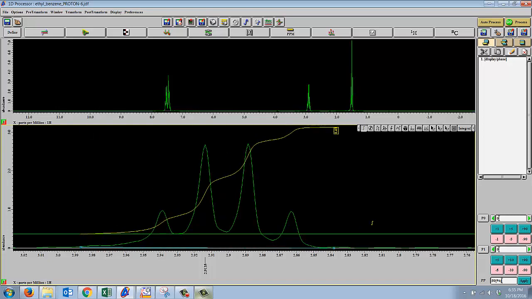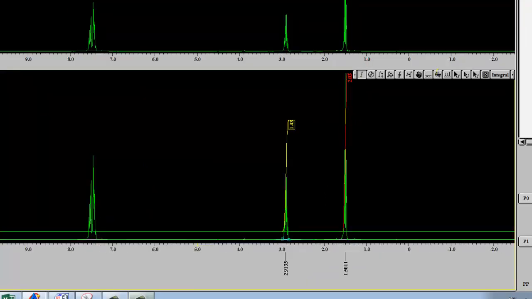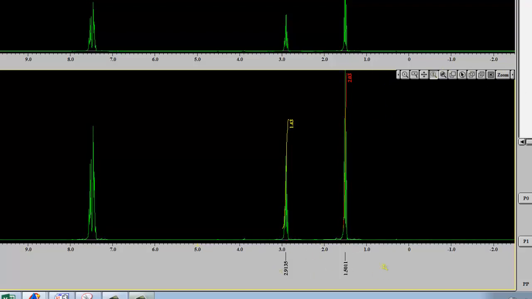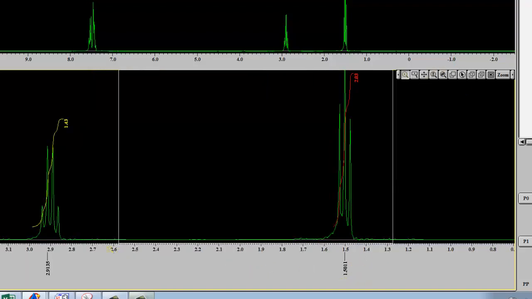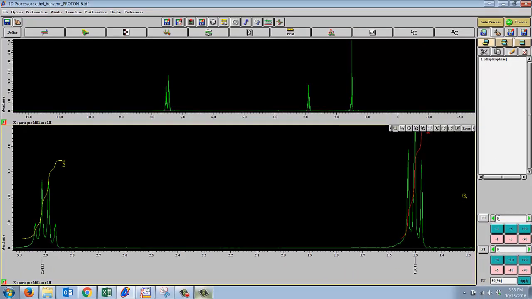So if I look at my sample, I've now integrated my quartet, and instead of just taking these 2 numbers, dividing all the numbers by the lowest number, I could actually, because I know what my sample is, figure out what it should be. This is a little bit different if you're not quite sure what this is.